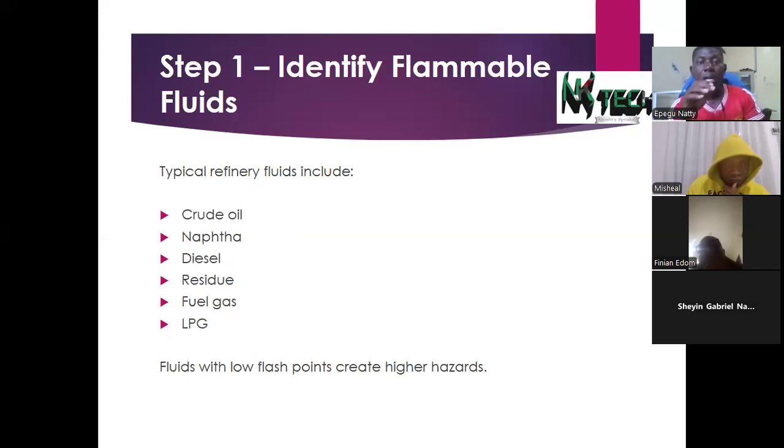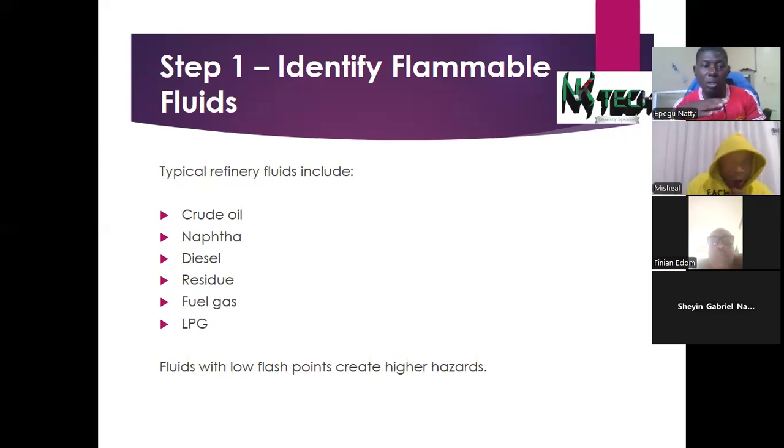The first one is to identify the flammable fluid. Depending on the facility you're looking at, if it's an offshore facility, we are going to be having crude, and we're going to be having your gases at the gas compression train. We are going to be having some chemicals that you use.